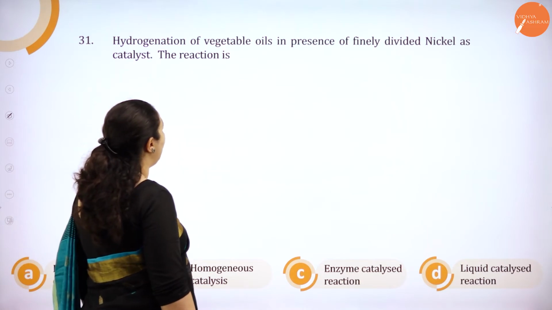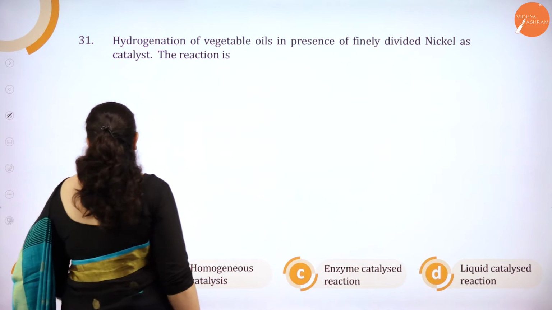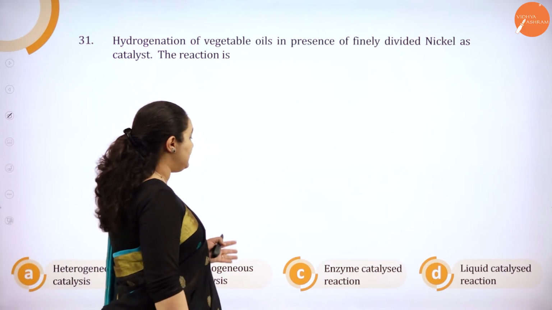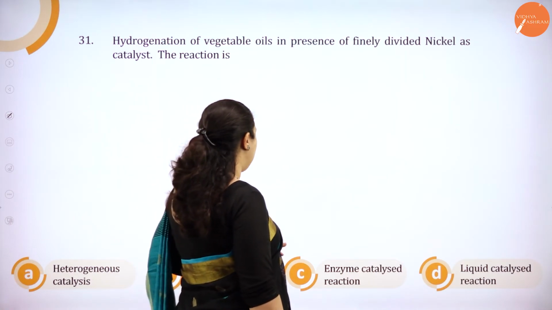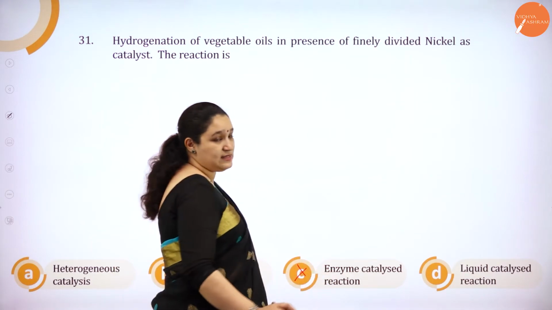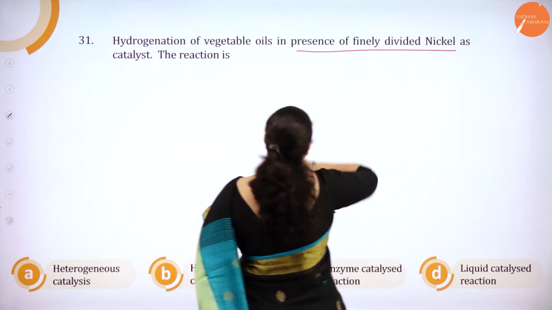Okay, next one. Hydrogenation of vegetable oil in the presence of finely divided nickel as a catalyst. The reaction is heterogeneous catalysis, homogeneous catalysis, enzyme catalyzed reaction, or liquid catalyzed reaction. First of all, it is not an enzyme catalyzed reaction, because nickel is not an enzyme. What they have given is the presence of finely divided nickel as a catalyst.